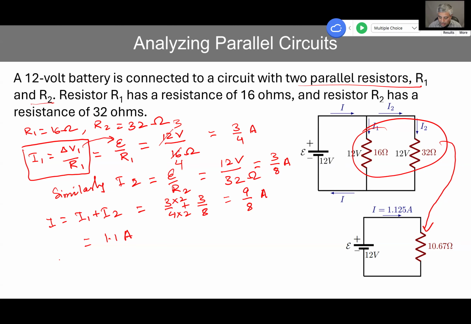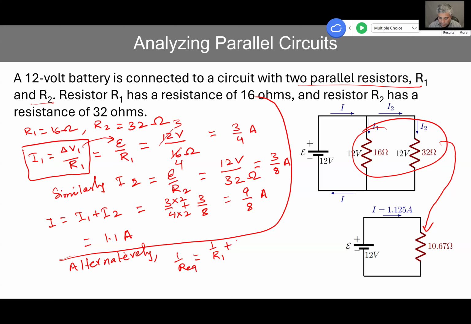How do you find that? 1 over R equivalent is 1 over R1 plus 1 over R2.